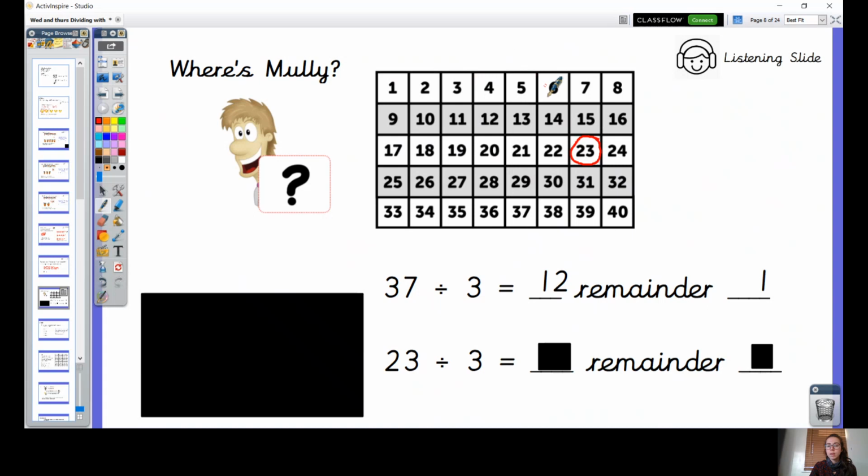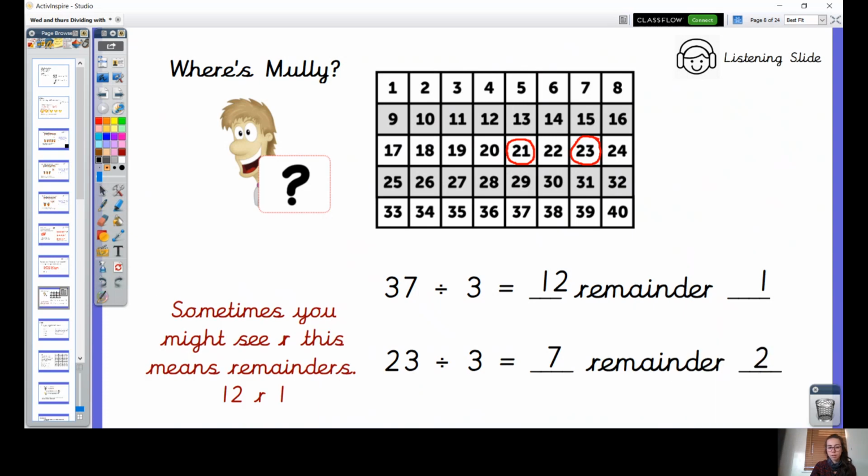So I could do 3, 6, 9, 12, 15, 18, 21. That is my biggest multiple of 3 without going past 23. Now, how many lots of 3s go into 21? If you know your times tables, straight away you know the answer. 7, remainder 2. Okay, and this is a little box just reminding us that remainders sometimes look like an R.